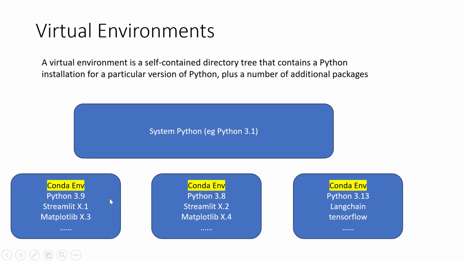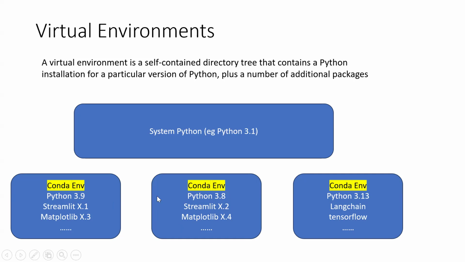Is it making sense? Let's say I need version 3.9 right here. If I upgrade my Python from 3.8 to 3.9, it may break the dependencies with Streamlit and Matplotlib.